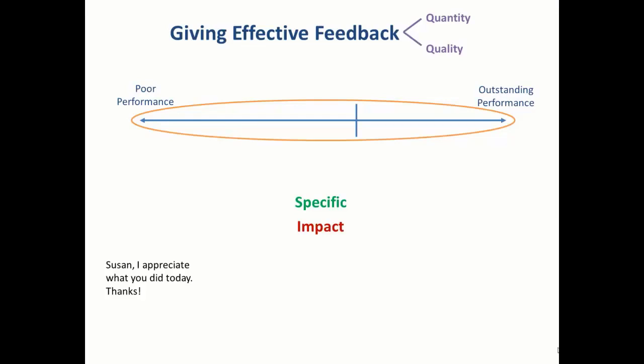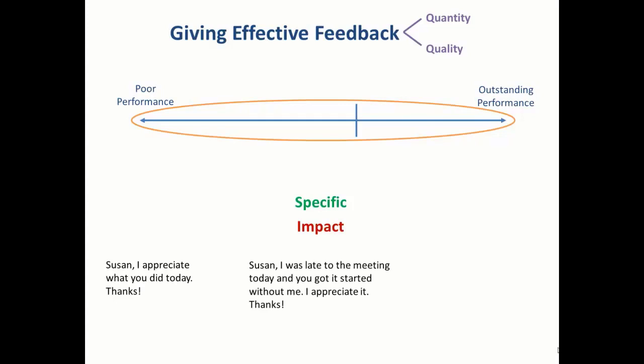This is what is often referred to as good dog feedback, because it's where you say, I appreciate it, I thank you, you're awesome, you rock, you're wonderful, good dog, good dog. But it doesn't have the information that Susan needs in order to either change her behavior or to continue her behavior.